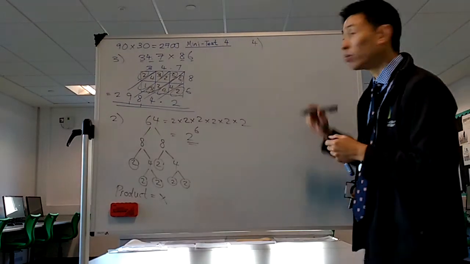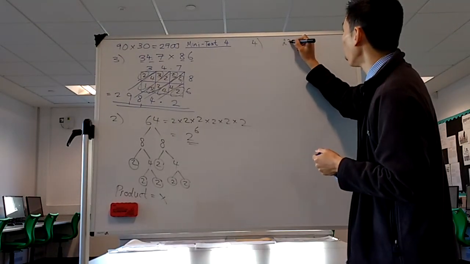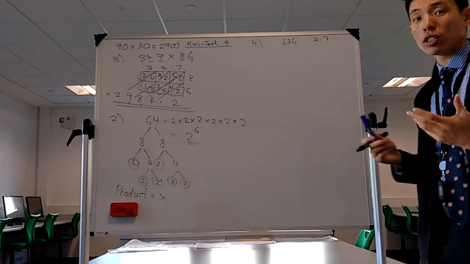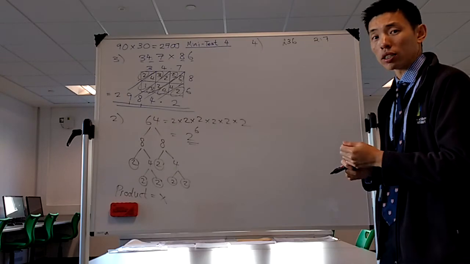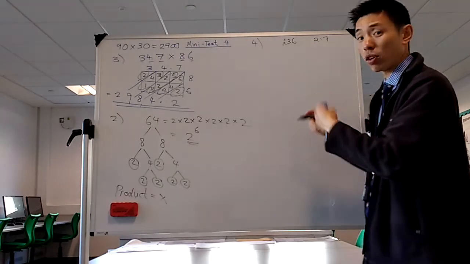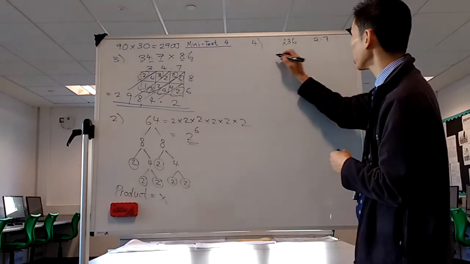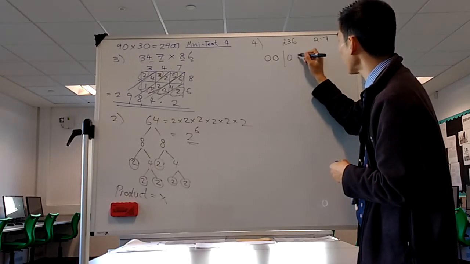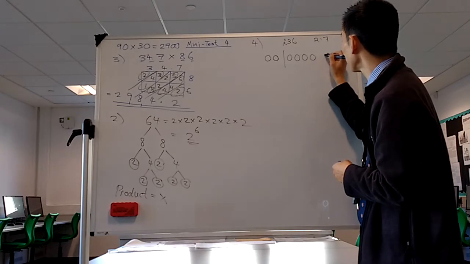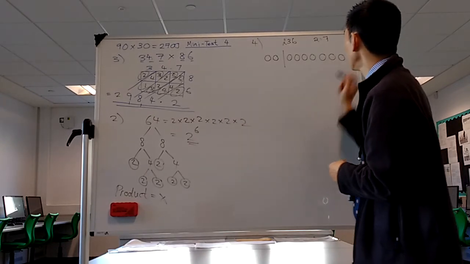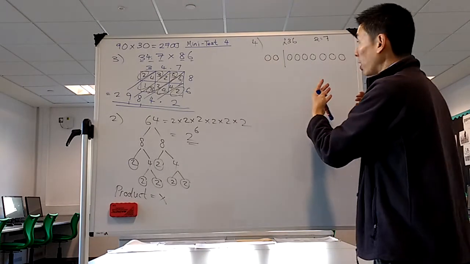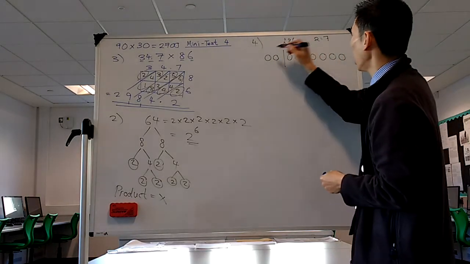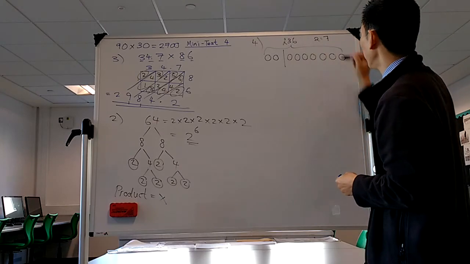Share £36 in the ratio of 2 to 7. The way I like to do this is using a visual diagram to represent that. Imagine I've got some coins, but I don't know the face value of them. So I can draw 2 coins, followed by 7 coins. Each of the coins is an equal amount, and all these are worth 36.